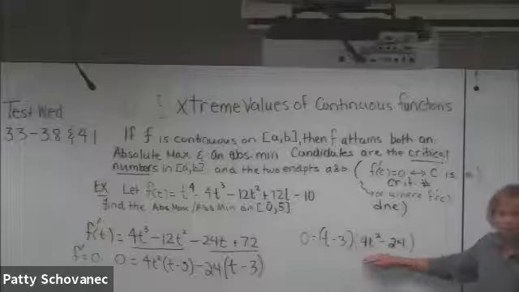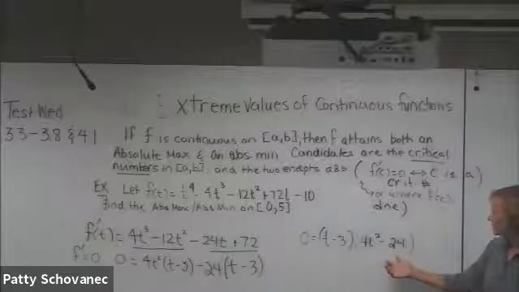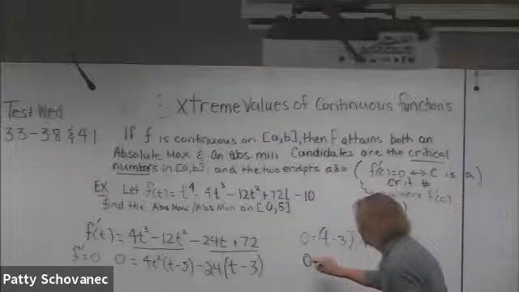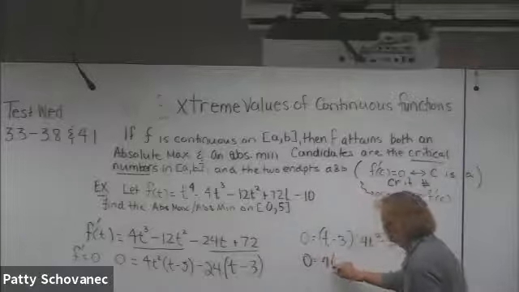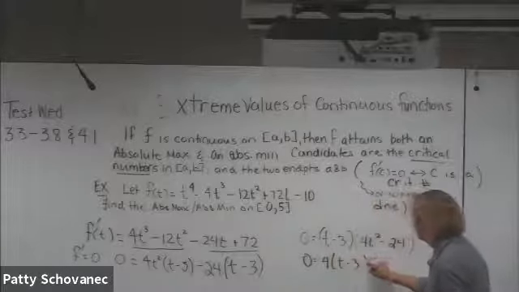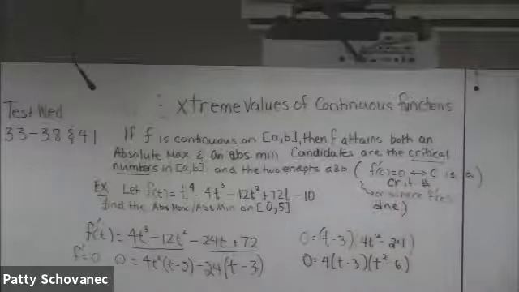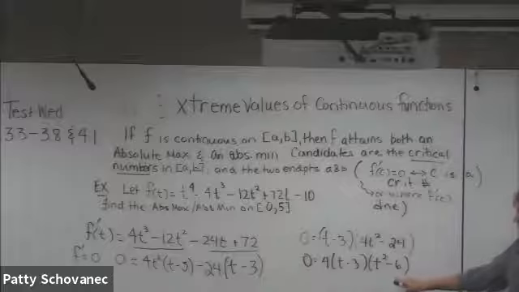This should also factor as the difference of squares. That's not a perfect square, so that's kind of a bummer. Let me pull out a 4. But I can think of this as being t minus the square root of 6 and t plus the square root of 6.